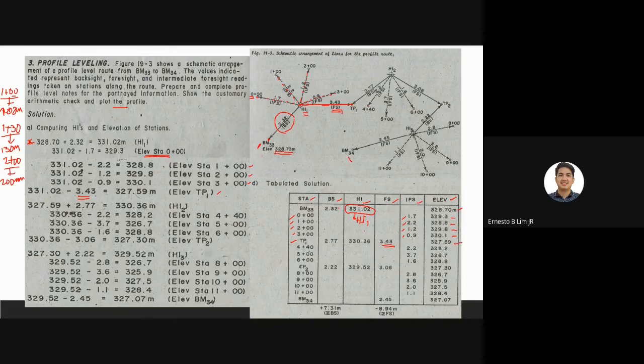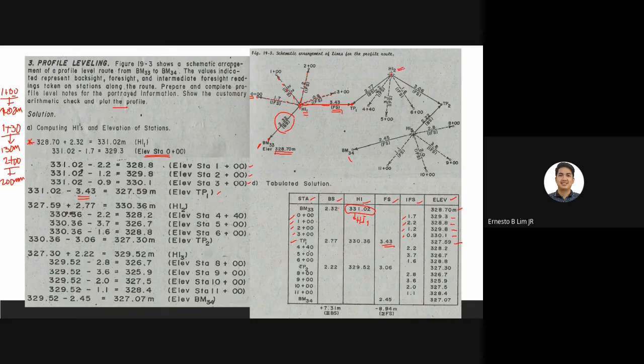Then after getting the foresight for your TP, that's the time you need to transfer again to any convenient location wherein you can get as many intermediate foresights. So after this FS for your TP1, transfer the instrument here.